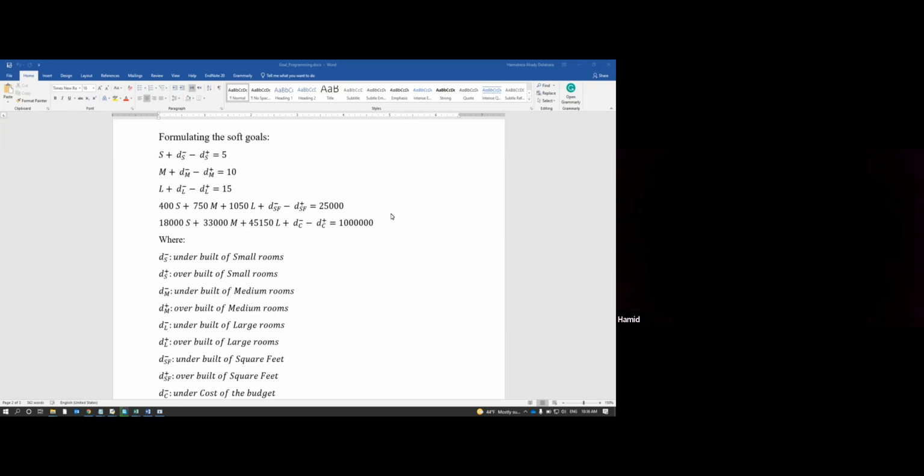So there's another rationale for why we consider two deviation variables. Let's say for S, the number of small rooms, I just consider VS. So S plus VS equals 5.